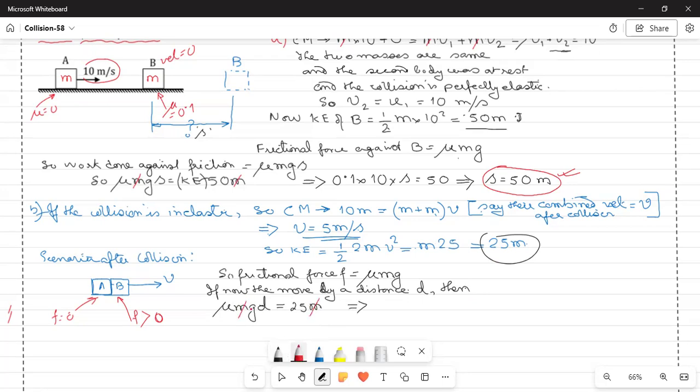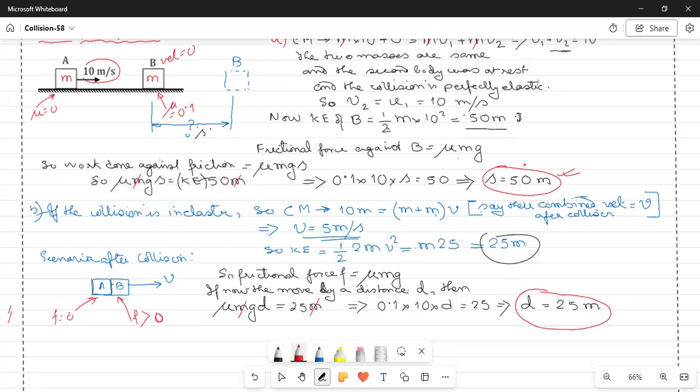This m and m get cancelled, and we are left with mu is 0.1 multiplied by g is 10 multiplied by the distance d traveled is 25. So 10 into 0.1 is 1. So distance d is equal to 25 meter.